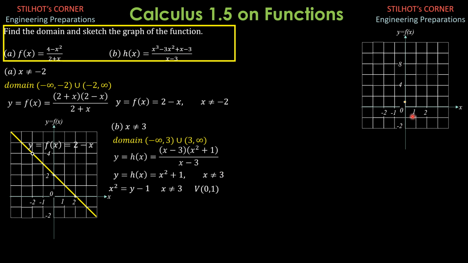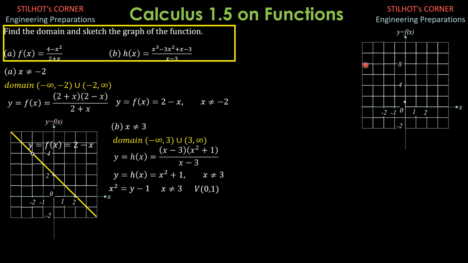So we plot first 0, comma 1. The graduation along y is by 2s. So 2, 4, 6, 8, 10, 12, but along x is just by 1. So we change the graduation scale along x different from that along y. So this is 0, comma 1.